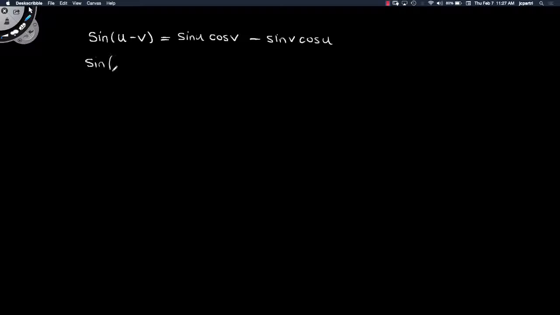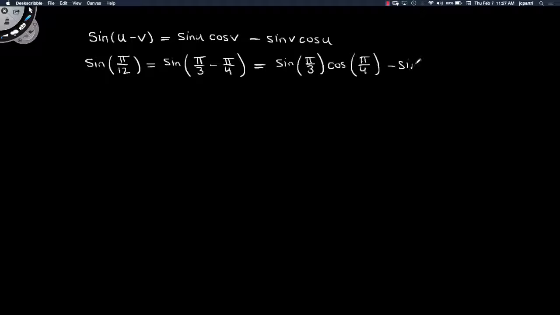Okay, so the sine of pi over 12 is the same thing as the sine of pi over 3 minus pi over 4. So that's the sine of pi over 3 times the cosine of pi over 4 minus the sine of pi over 4 times the cosine of pi over 3.